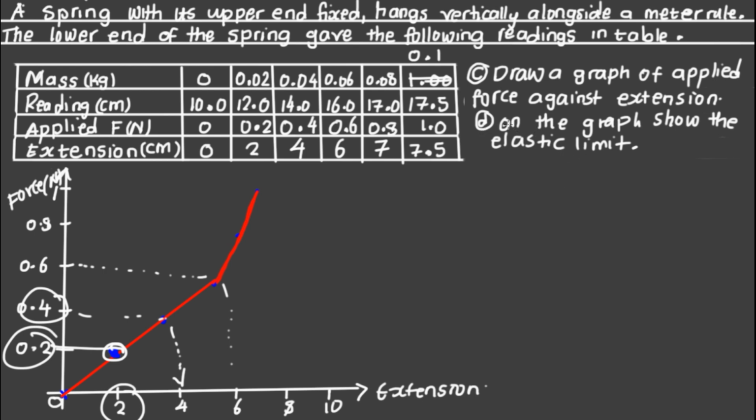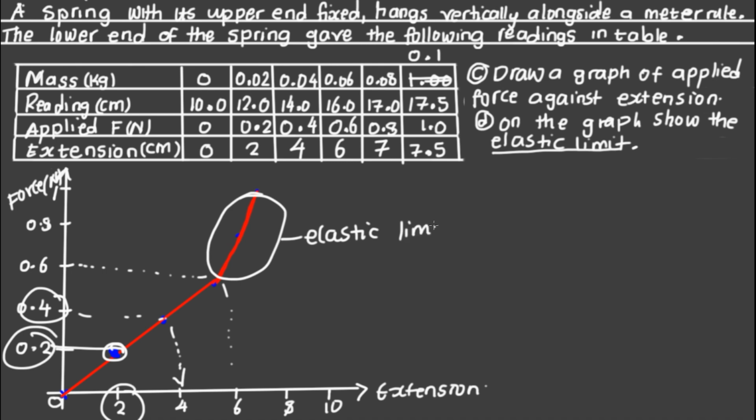Then we have question D. On the graph, show the elastic limit. So the elastic limit is the point where the spring has stopped extending, or maybe the extension has started to decrease. So this is the point where we can say elastic limit.